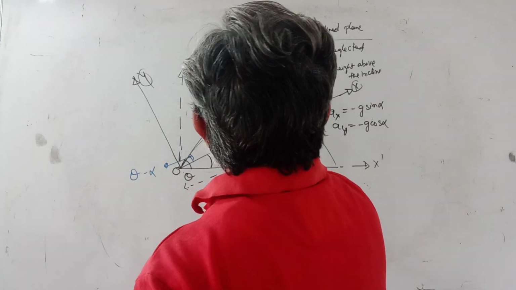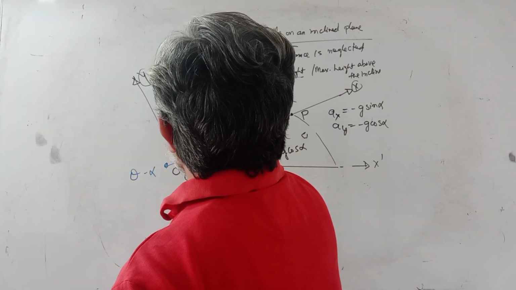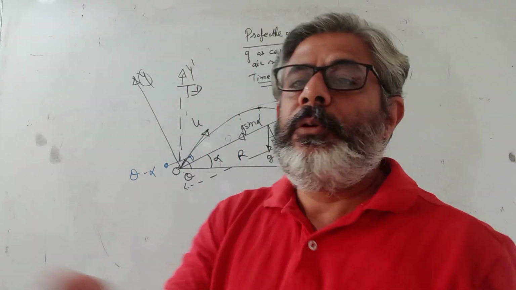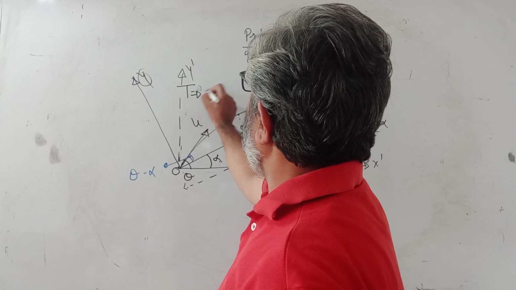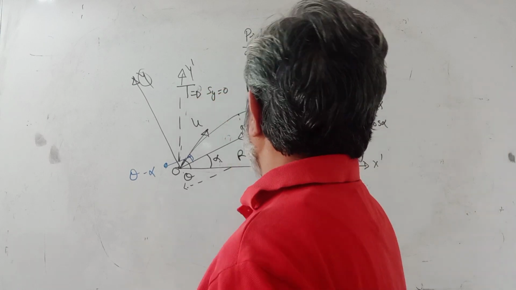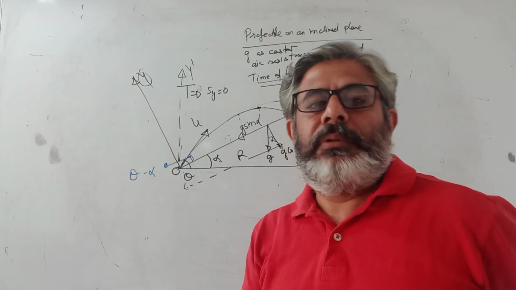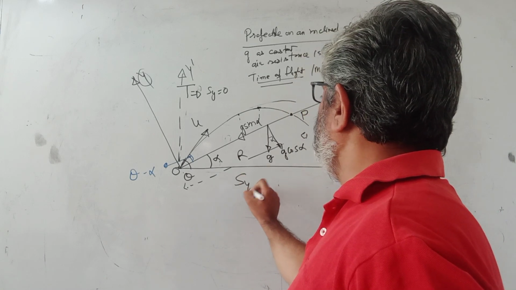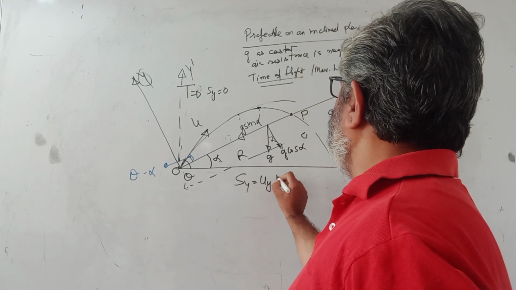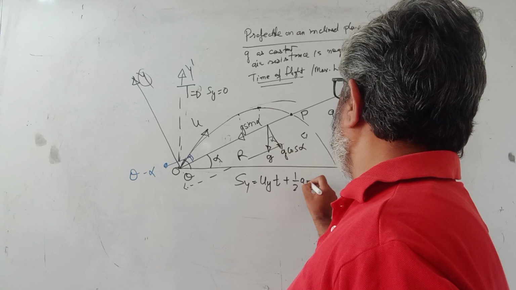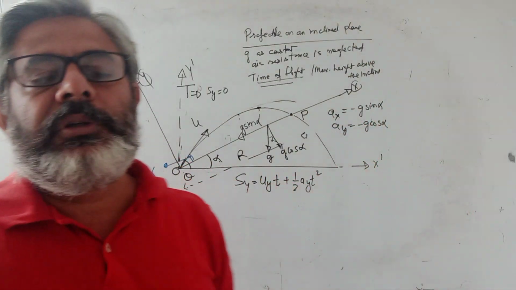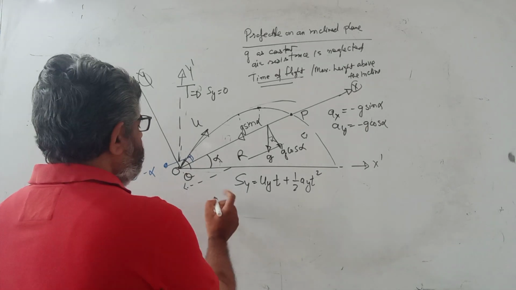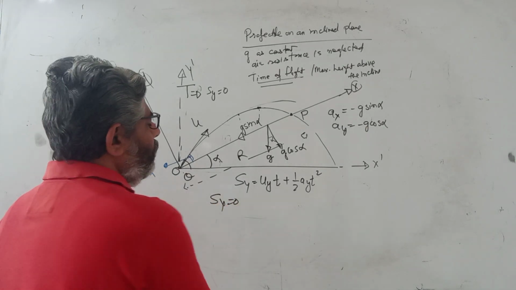So for time of flight, to calculate t, what will you write? You will write that sy is equal to 0. Now first we should write the sy equation. sy is equal to uy t plus half ay t square, and I am applying the same theory which I applied for the horizontal projectile, which was that sy is equal to 0.